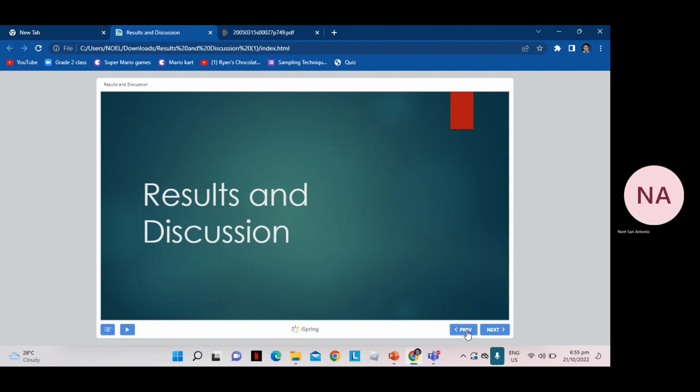Okay, so for today, we will be discussing the next part of publishing a research, and that is the second half, which is the results and discussion. During the prelim, you were able to finish the writing of the introduction and methodology.